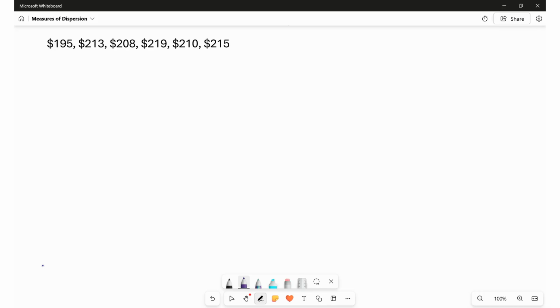Now let's continue with these data points. So suppose you are planning a trip and these are the prices that you found, for whatever part of that trip we want to talk about. Whether that be like renting a car, a hotel room, maybe you were able to find some really cheap flights, but you want to find out what the standard deviation is.